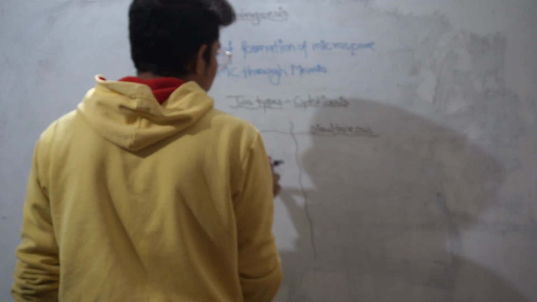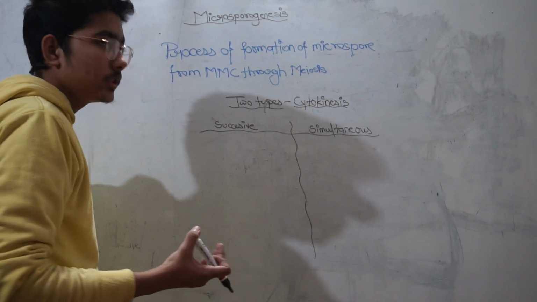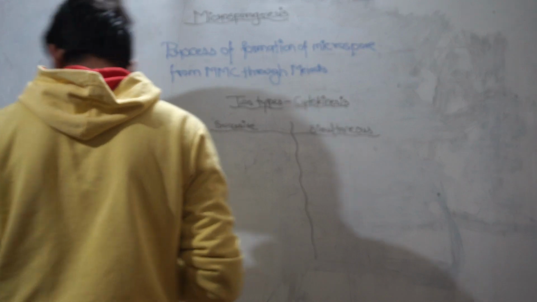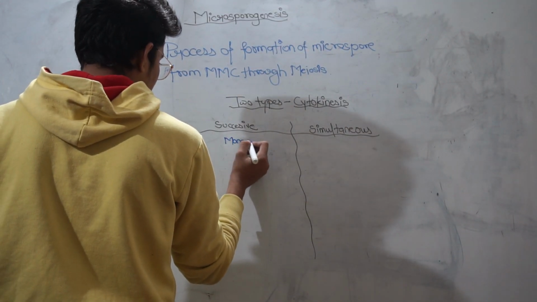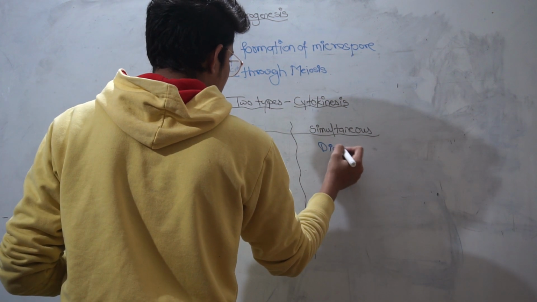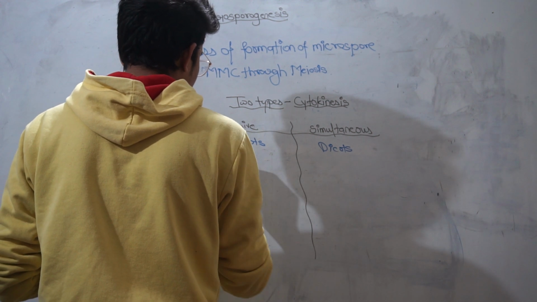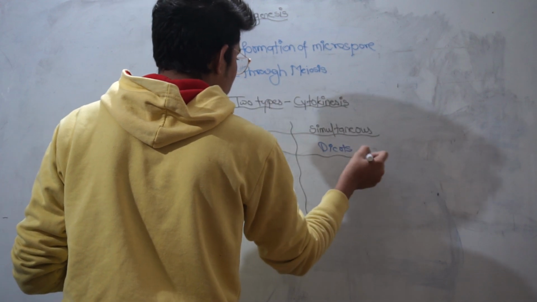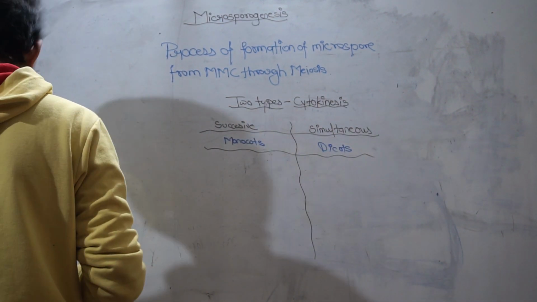So, the successive type of cytokinesis you can see in monocots, and the simultaneous one occurs in dicots.